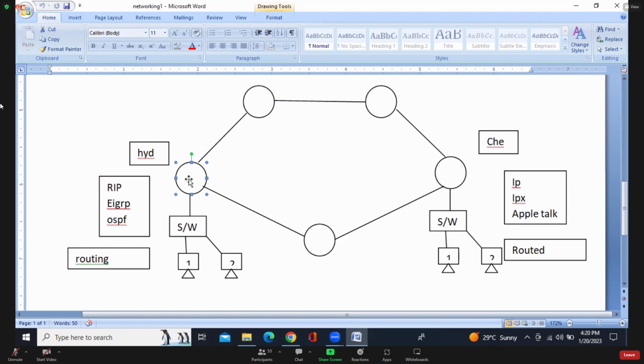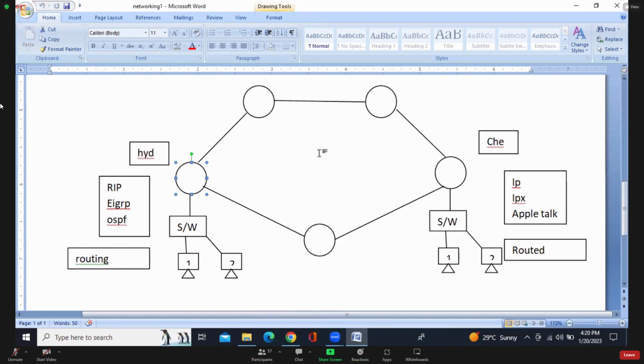If you configure dynamic routing, automatically the neighbors' routing table details, neighbor IP addresses, neighbor router details, it will capture and maintain in the routing table, right? So I hope you got it, guys. Next point, it will enable the communication between two different logical networks. So path determination, or you can say it will decide the best path to send the data.